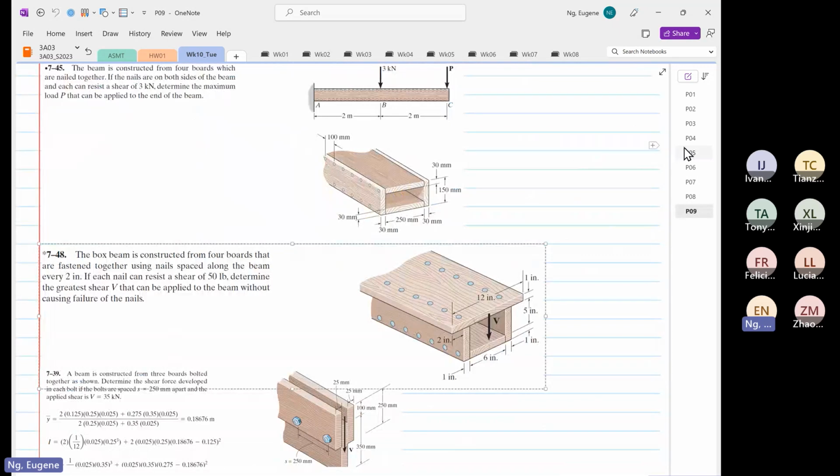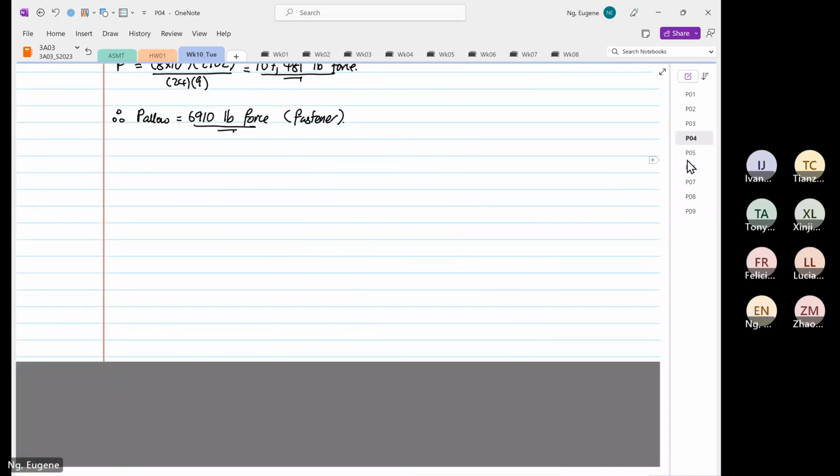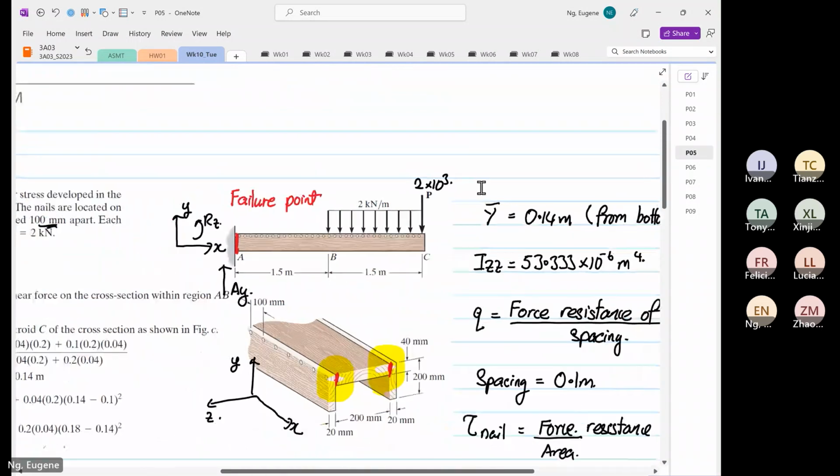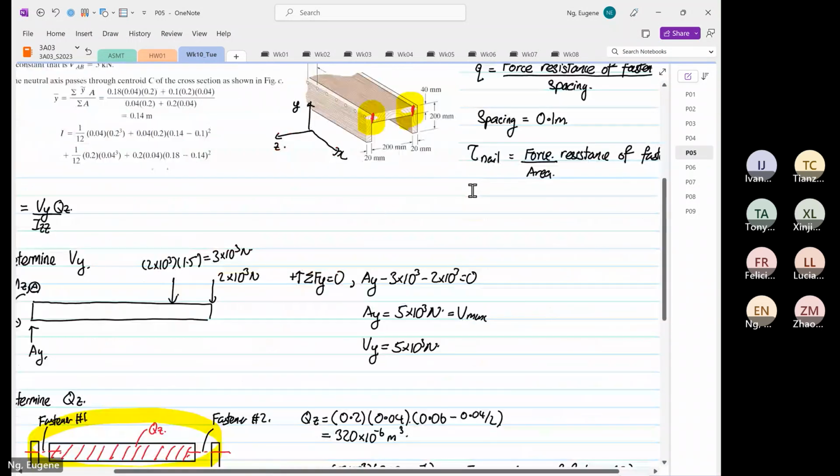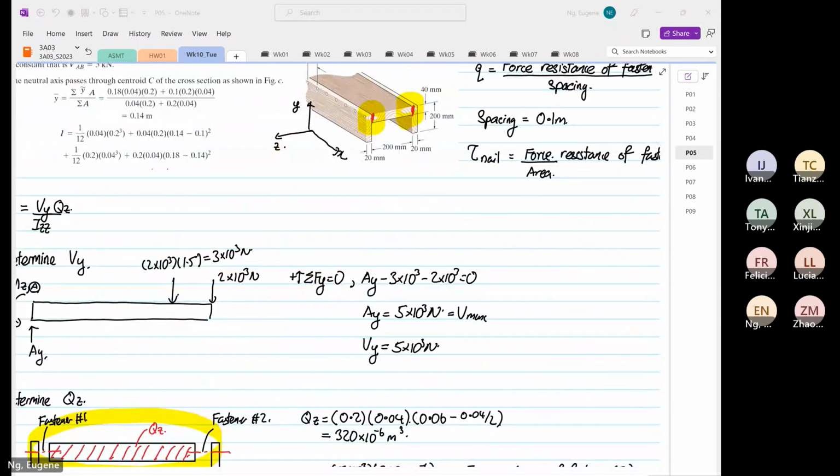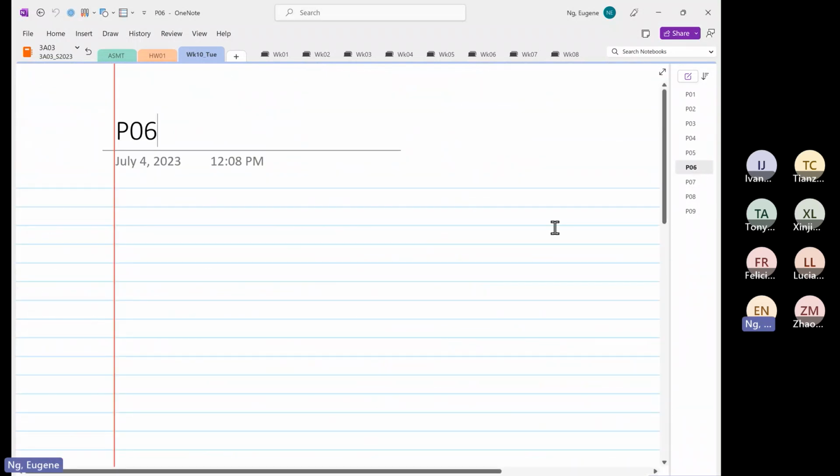Let's look at this structure over here. Example number 3.